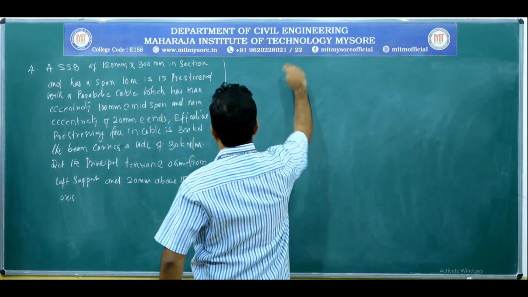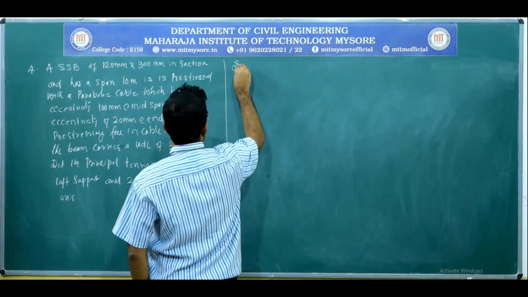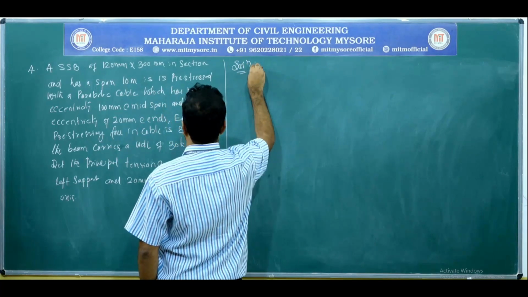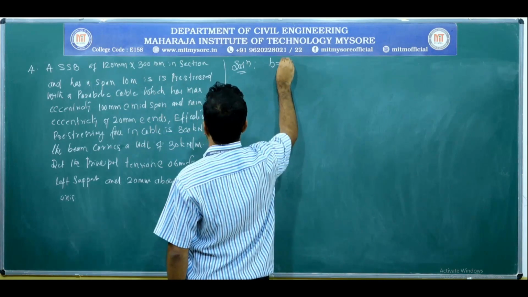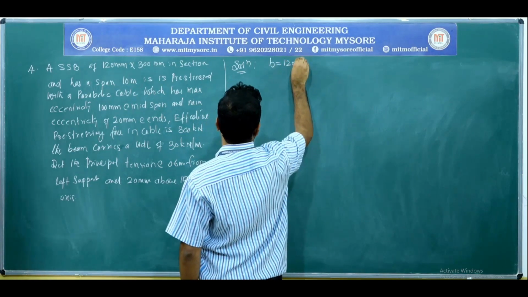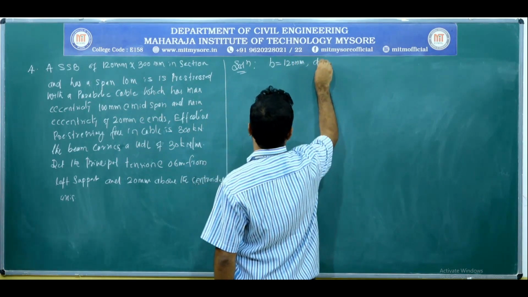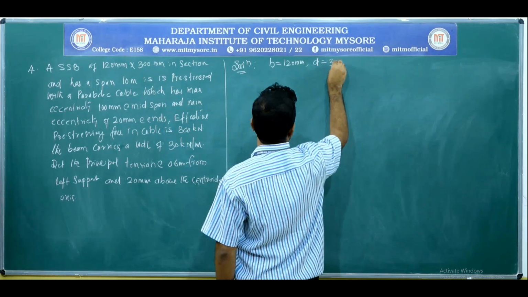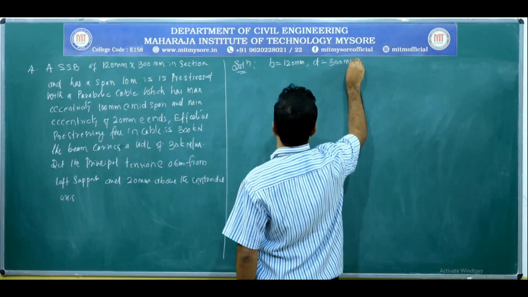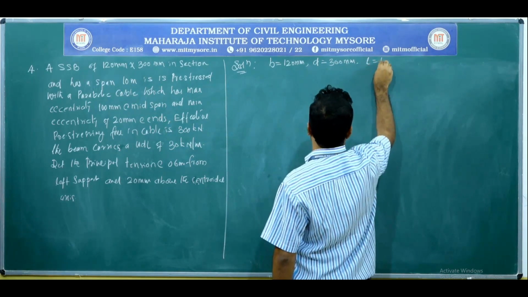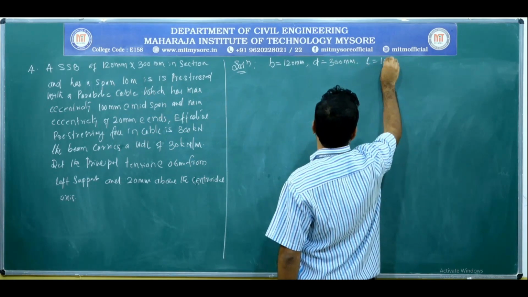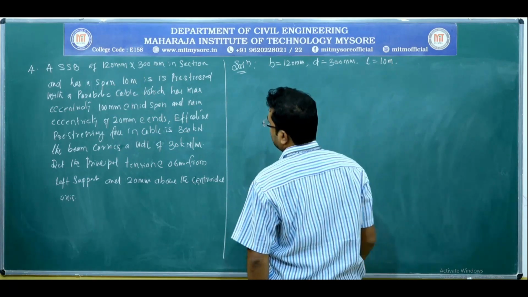Now let's move on with the given data. They have given B as 120 millimeter, depth of the beam as 300 millimeter. The span is about 10 meter.